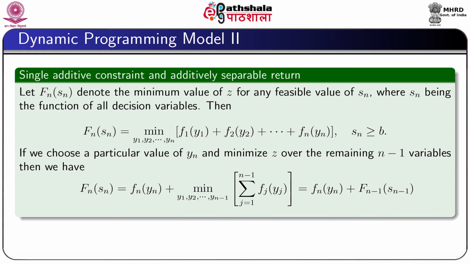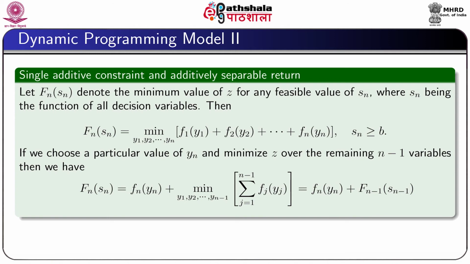First, we choose a particular value of yn and minimize z over the remaining n minus 1 variables. Therefore, we can write capital Fn(sn) equal to fn(yn) plus minimum of summation j equal to 1 to n minus 1 of fj(yj), where the minimum is taken over y1, y2 up to yn minus 1.